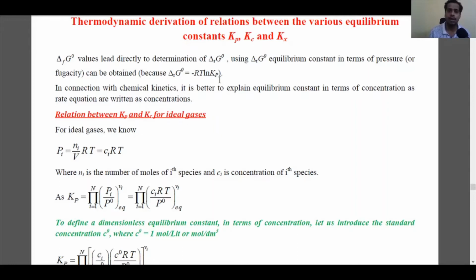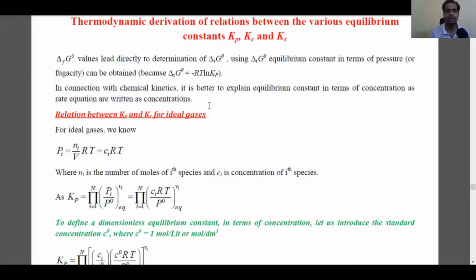But that is not always the solution. People sometimes are more interested in equilibrium constant in terms of concentration or in terms of mole fraction. For example, in chemical kinetics, it is better to express the equilibrium constant in terms of concentration, as rate equations are written in terms of concentration.